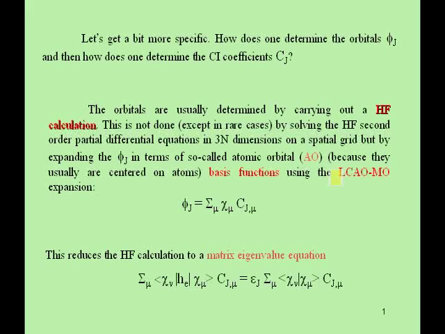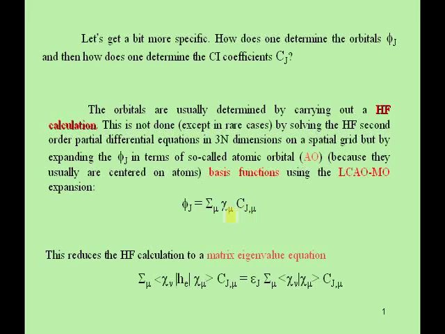The basic idea in doing this LCAO-MO expansion is to make the second-order differential equation, the Hartree-Fock equations, H times phi j equals epsilon j phi j, into a matrix problem instead, because computer programs are really good at solving matrix eigenvalue problems.